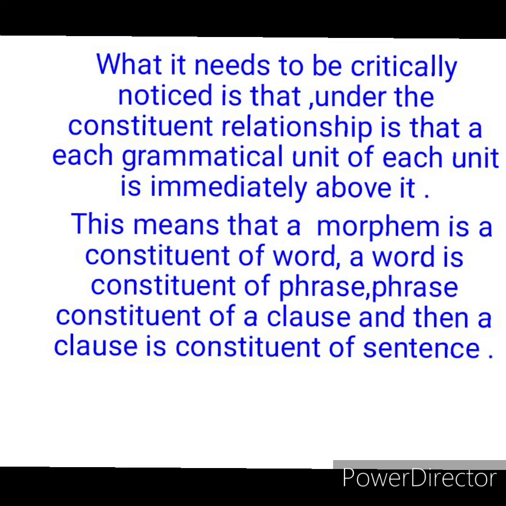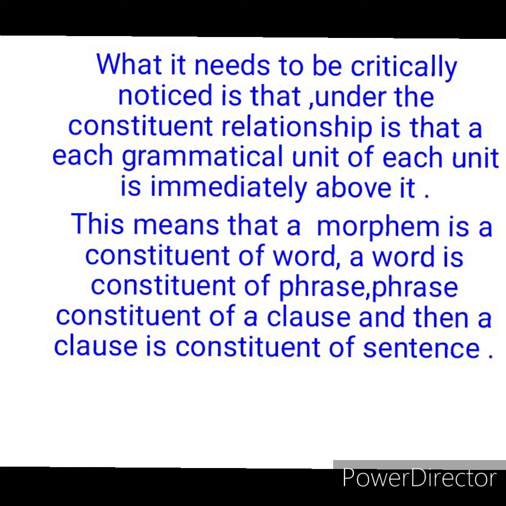Okay, let's also take note of this. What also needs to be critically noticed is that under the constituent relationship, each grammatical unit is a constituent of the unit immediately above it.